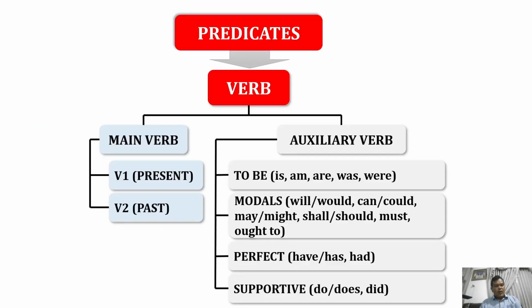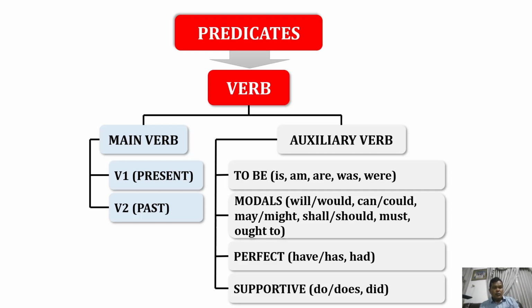Now the question is, can we use all of the verbs as the predicate in a sentence? No, because in English, when we are talking about verbs, there are two general classifications: main verb and auxiliary verb. And you see that a main verb can be either verb 1, verb 2, verb 3, or verb ing.